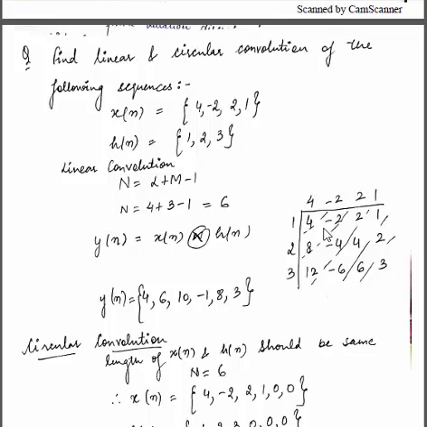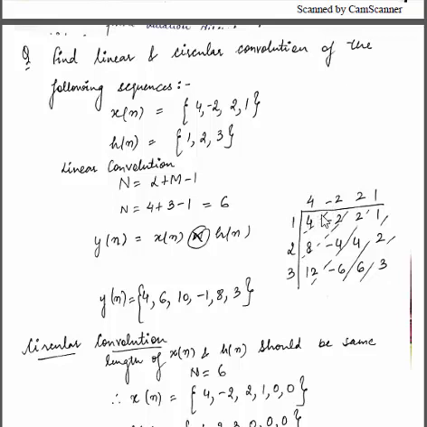Now perform linear convolution by the tabulation method. These are the sequence samples of x of n and this is for h of n: 4, minus 2, 2, 1, then 1, 2, 3. Now multiply each row and column.